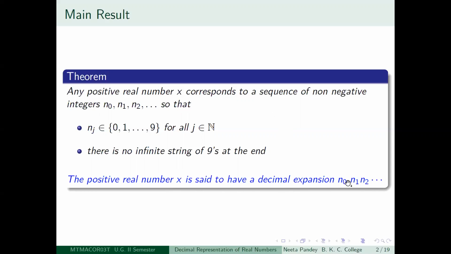So n0 is giving you the integral part of x, and n1, n2 are giving you the fractional part of x, which get closer and closer to x under a certain summation, which will become clear as we go through the proof.